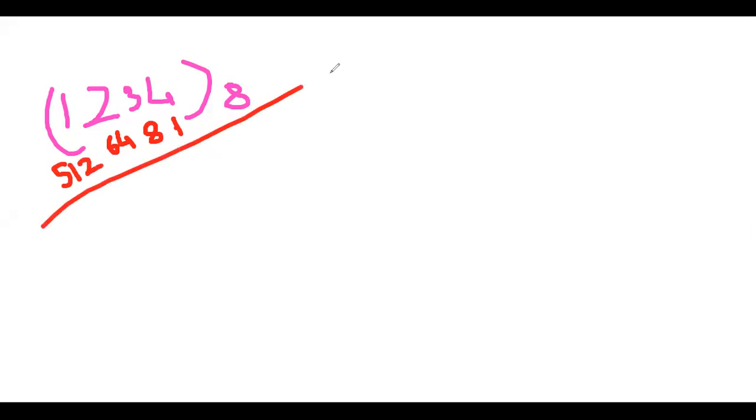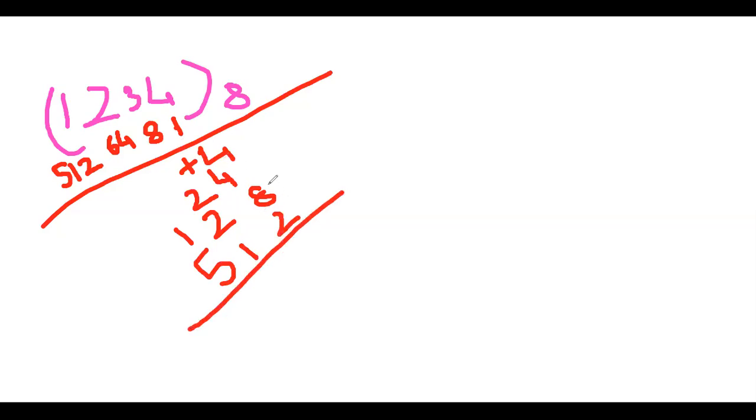Okay. So let's get the multiplications. 4 ones are 4, 3 eights are 24, then 2 into 64. 2 into 64 will give me 128, and 1 into 512 will give me 512.